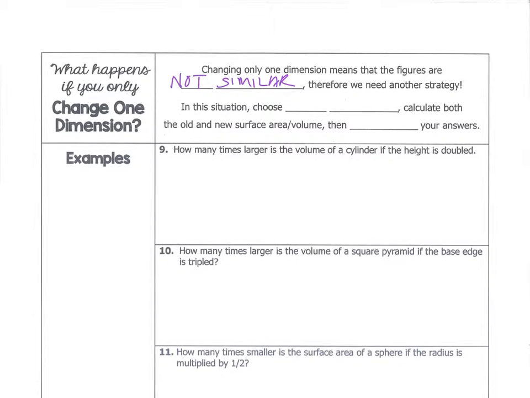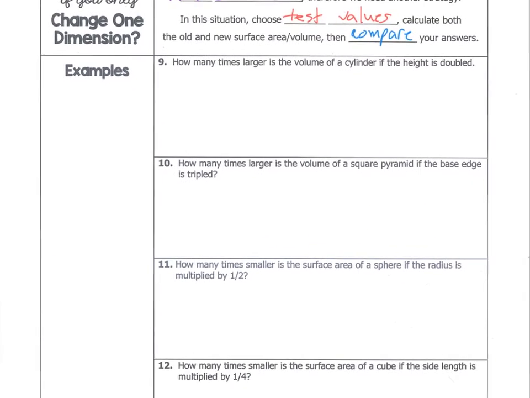In this situation, you're going to choose test values, and we're going to choose easy test values. Calculate both the old and the new surface area and volume. Then you're going to compare your answers. So you have to do a little testing, and that means you have to know your surface area and volume formulas.